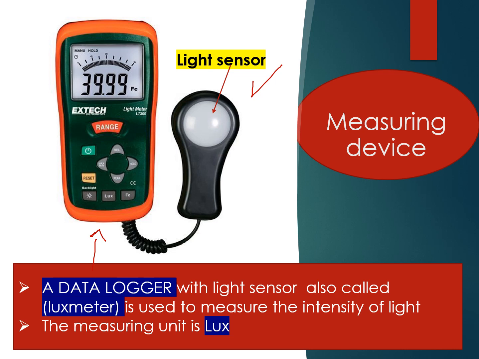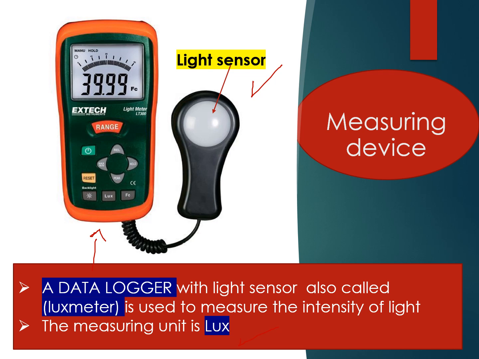So the name of it, data logger or lux meter, is used to measure the light intensity. The measuring unit which we can use is lux. If I asked you, how old are you? You will tell me, I am 9 years old, 10 years old. Anyway, you said years old. This is the unit of your age.